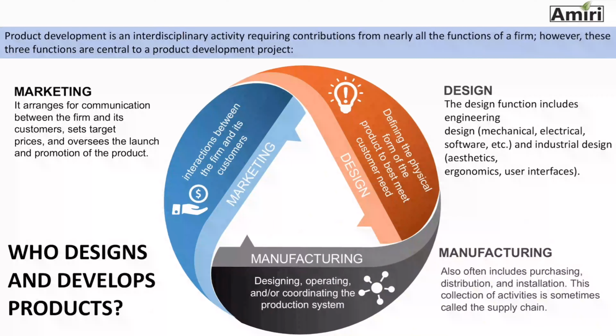When you combine it with purchase, distribution, installation, all of that, collectively we refer to them as the supply chain. So a lot of functions and disciplines are involved in product development. It's not just engineers, again speaking only in the context of this class. You've got to think that there are other aspects involved with it.